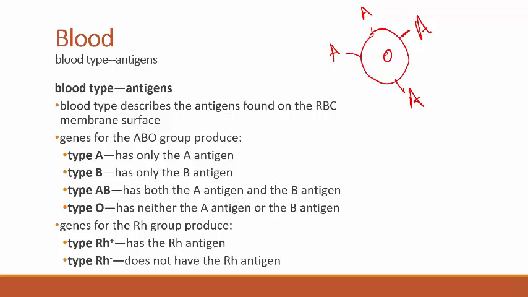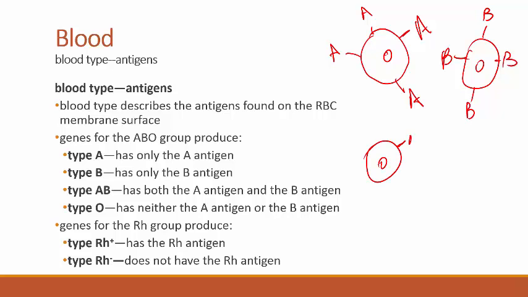Okay, so type A people produce the type A antigen on their blood cells, type B people produce the B surface antigen. If you're AB, you produce both the A and the B antigens. Know that there is no such thing as an AB antigen.